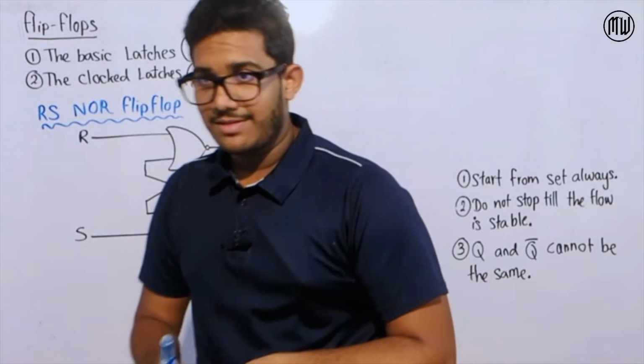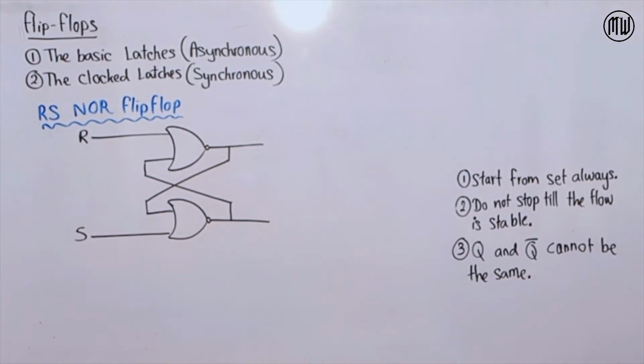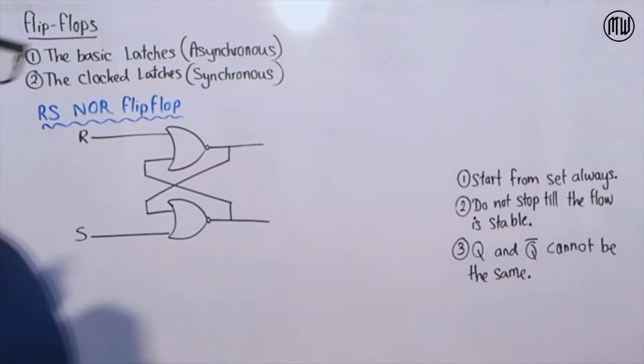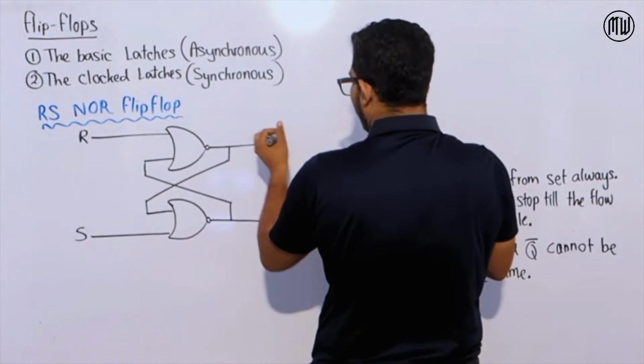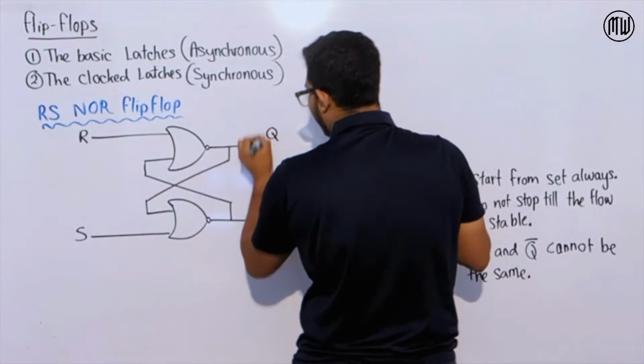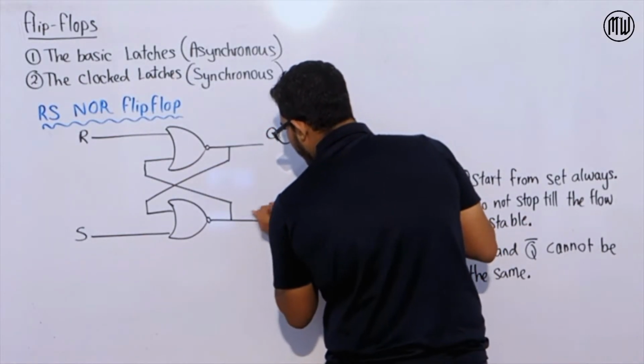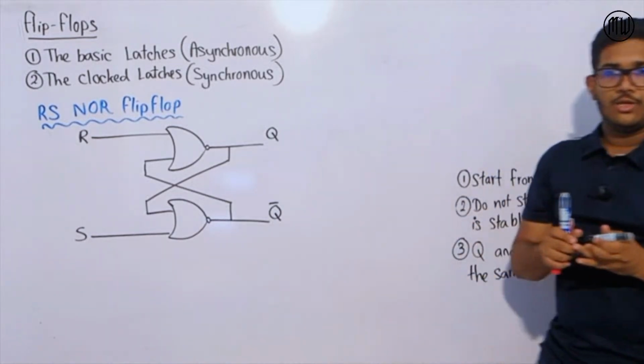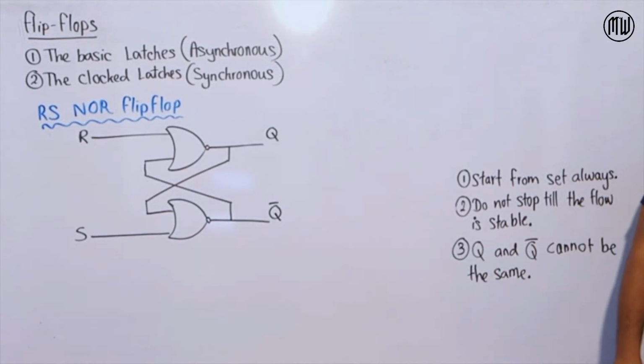That's the difference. That's why we call it the RS flip-flop. We changed the S and R, but we're going to keep Q and Q bar as they are. These two don't change. Q will be on top and Q bar will be on the bottom.